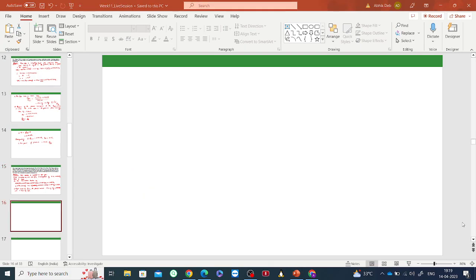So I am taking that there is no doubt. Now conservation of mass applied to the elements.